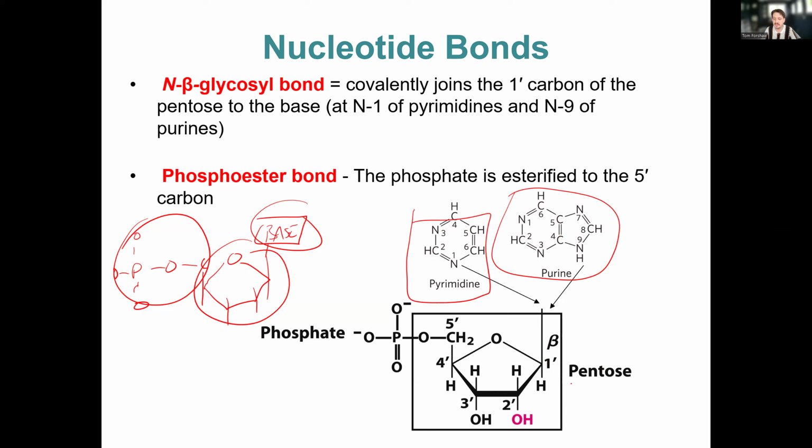attaches to the pentose sugar at position 1', exactly the same as if you had a polysaccharide. It's attaching at the anomeric carbon, reacting at the anomeric carbon to form, instead of the hemiacetal, the acetal. But instead of it being an O glycosidic bond, it's an N glycosidic bond, because it's not an alcohol from a neighboring sugar joining on to make the polysaccharide.